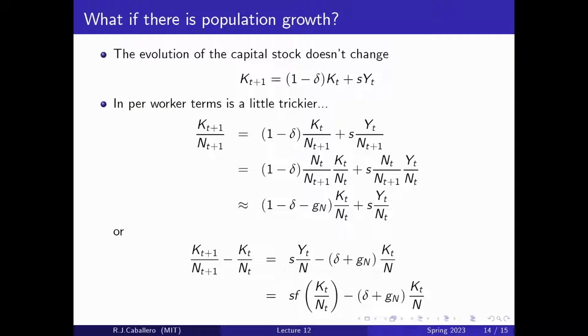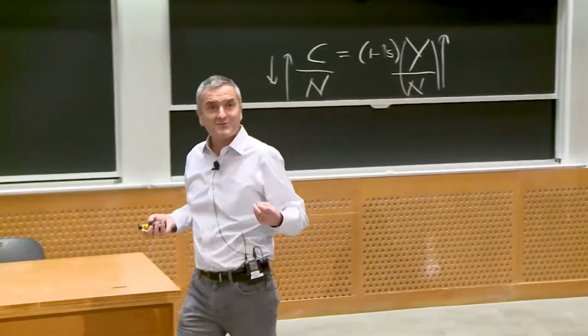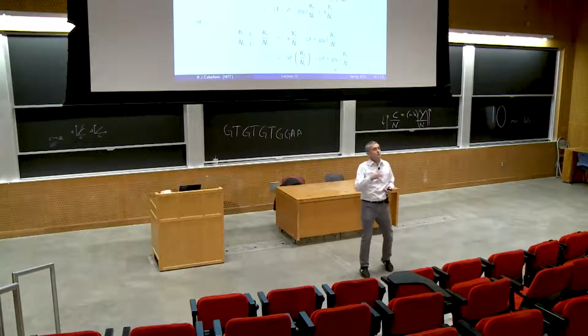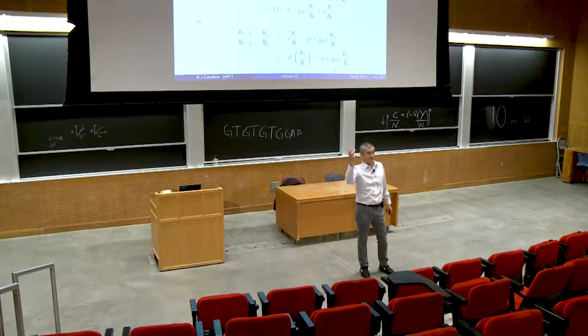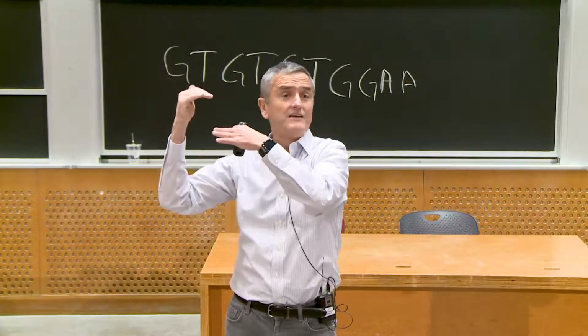So why do you think I have this gn here? Because if I want to maintain a stock of capital per worker, and workers are growing, then I need to be growing the capital.